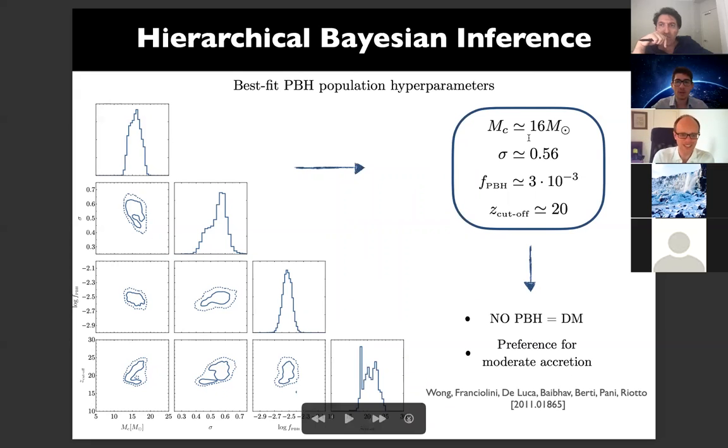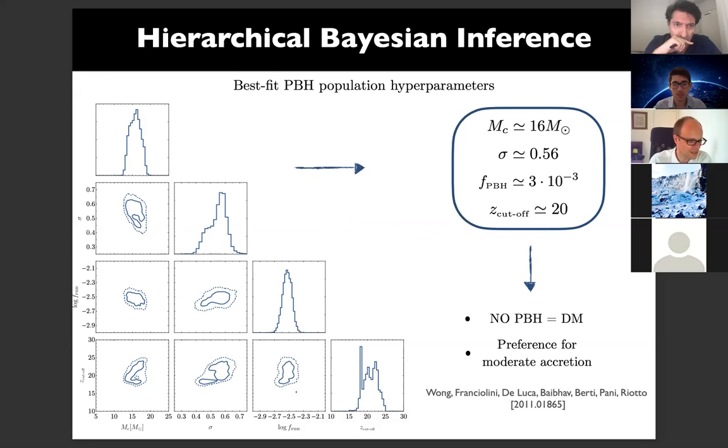You mean around each of the best fit values? Yes. For example, for the central mass scale, there is a width of around 2 solar masses, more or less, for the 1 sigma, and so on. Okay, thanks. You're welcome.